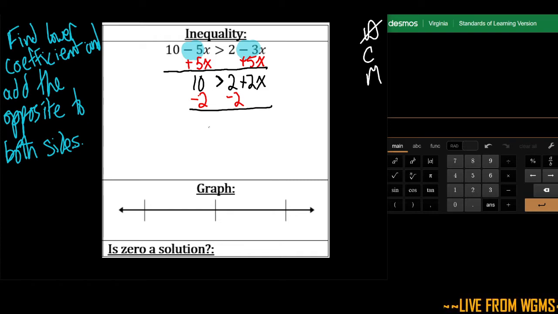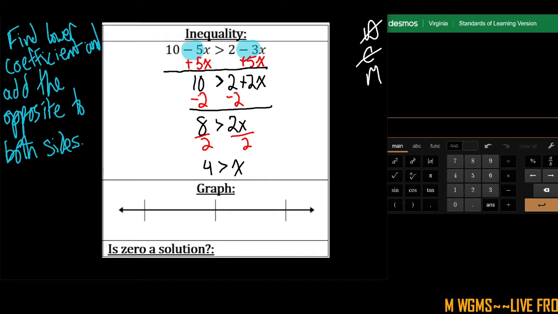And so we have on the left side, we have 8 is greater than 2x. Make sure you can divide by coefficients. So we did our combined like terms. We have all the variables on one side and all the constants on the other. And so we divide both sides by 2. And so we say 4 is going to be greater than x.